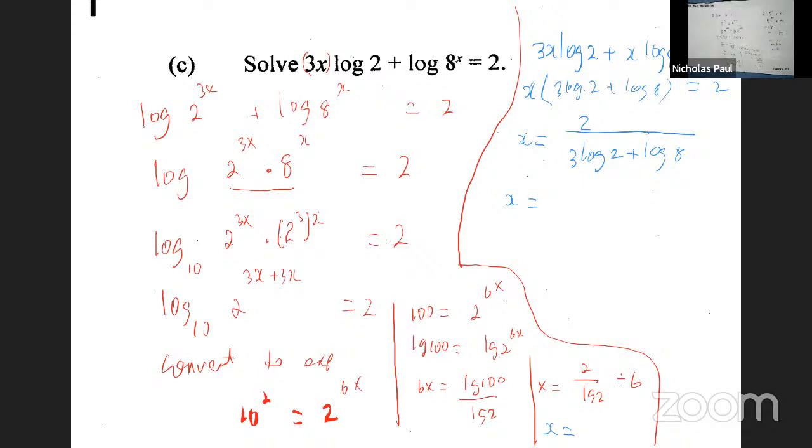Yeah, that's 2 over 3 log 2 plus log 8. What are the answers we all got there? And next one.